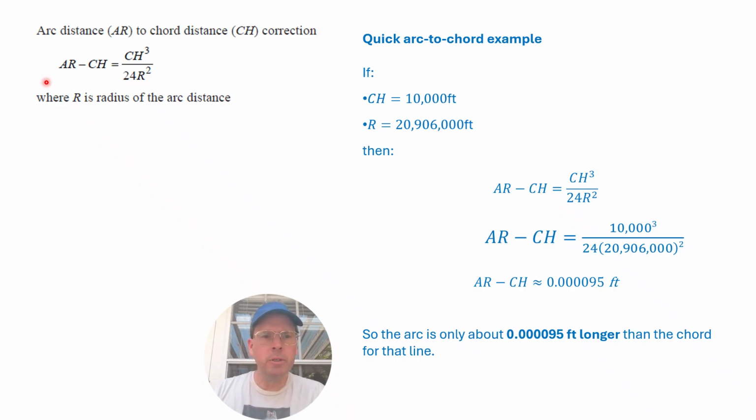So we're trying to get this whole correction. Go ahead and set up the equation like that. You got the CH, put that there and cube it. 24 times the radius squared, and then you get that term 0.000095 feet. So what that means is the arc is only about that many feet longer than the chord for that line.